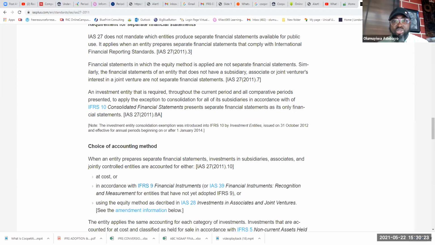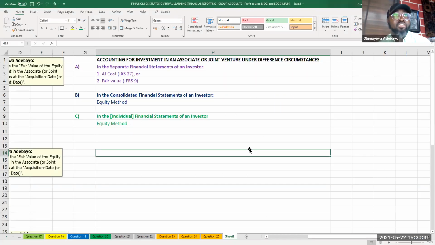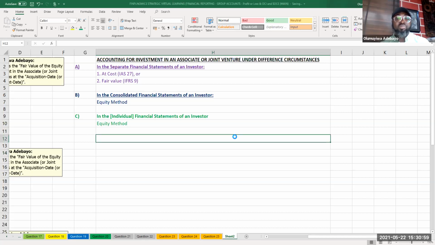Now, that takes us back to where we're coming from, which is what makes me simplify this for you, so that no further thinking is required to understand what methodology applies when you are construing what accounting methodology is most appropriate for depicting your investment in an associate or your interest in a jointly controlled entity, which we call the joint venture. Any other question before we move ahead?